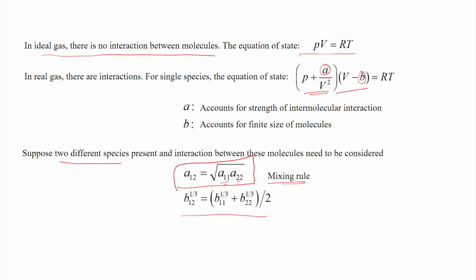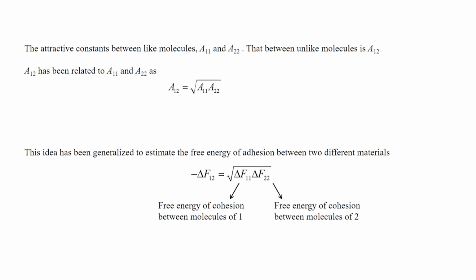There might be quantum calculations, and possibly statistical calculations, that can also give rise to a similar equation, but for our purposes we will not worry about how we get this equation; we will accept it. So, we have this mixing rule over here, and this kind of mixing rule is used when you consider attractive constants between molecules, like the Hamaker constants between 2 different molecules, say 1 and 2.